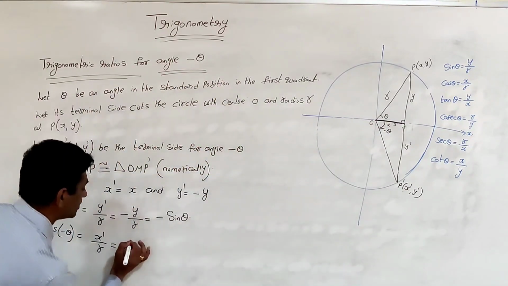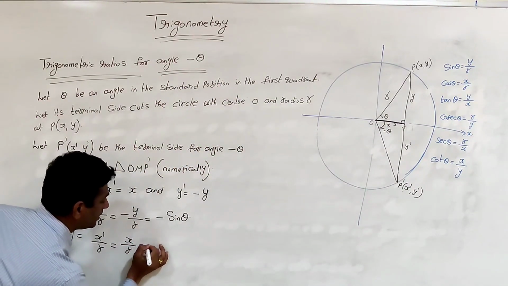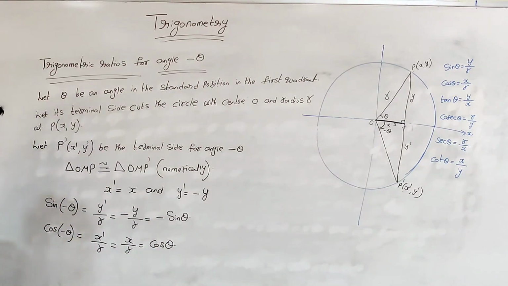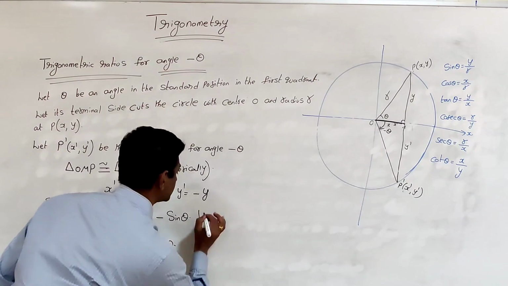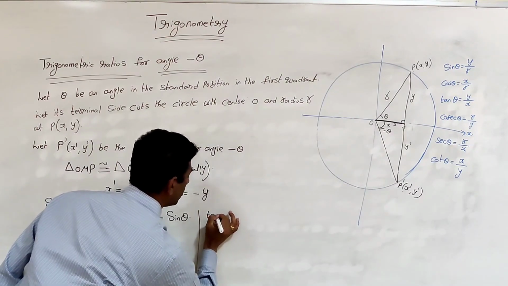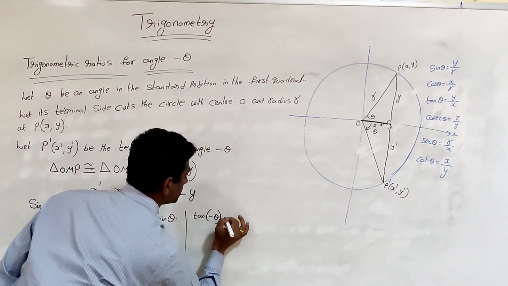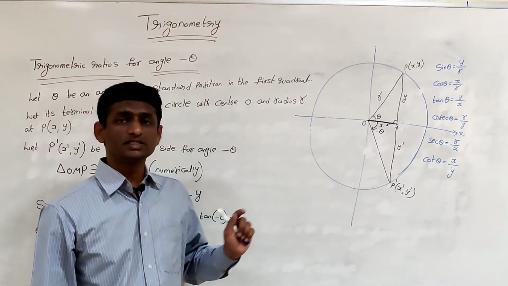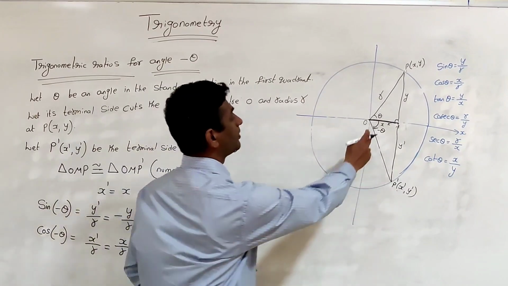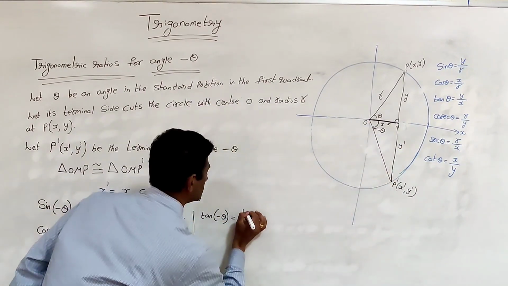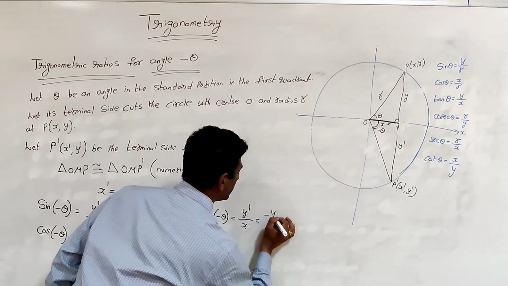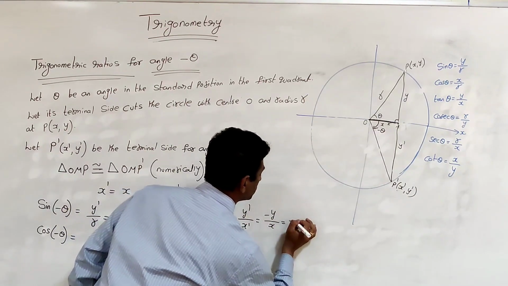So it will be x by r, which is cos theta. So cos of minus theta is cos theta. Next, tan of minus theta. Tan of minus theta is the opposite side of minus theta by the adjacent side of minus theta. So that is y dash by x dash. What is y dash? Minus y by x, which gives minus tan theta.